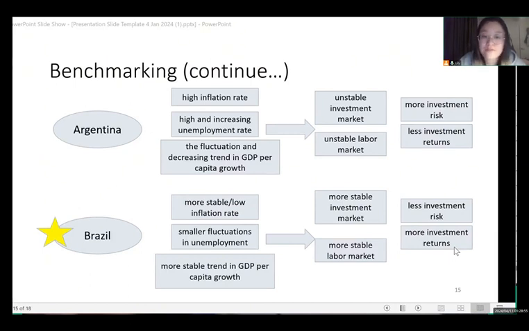Although both countries have faced high unemployment rates, Brazil has a more moderate unemployment trend and thus can provide a more stable labor market for better economic growth and lower investment risk. In conclusion, Brazil presents a more favorable investment environment compared to Argentina due to its more stable economic performance, lower inflation, and better labor market conditions.